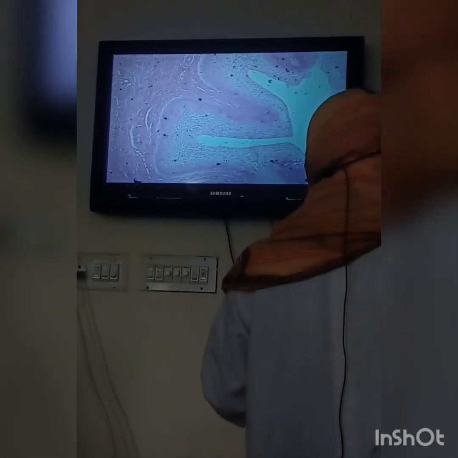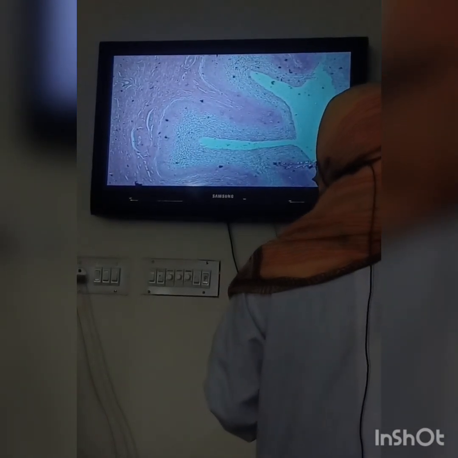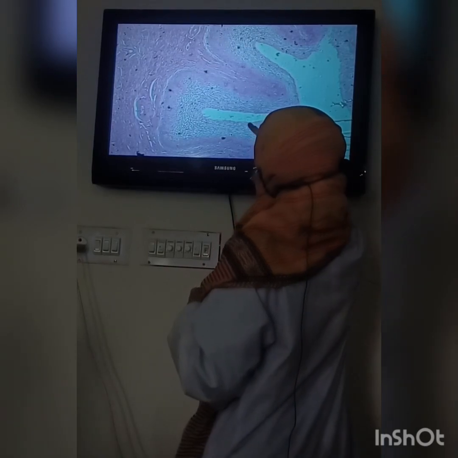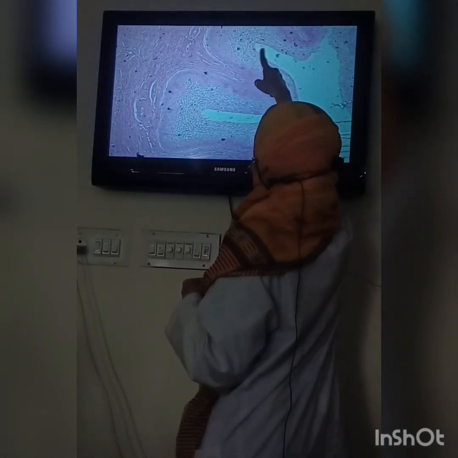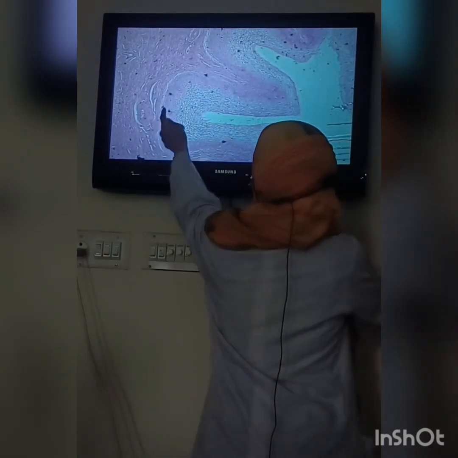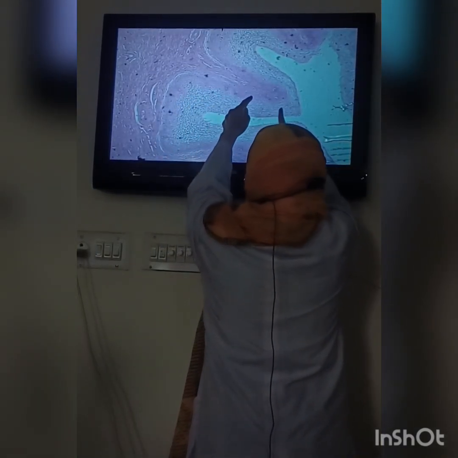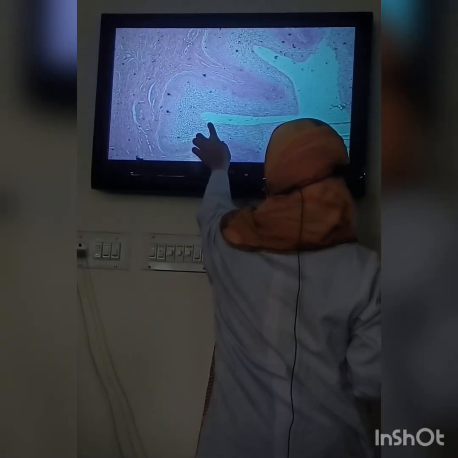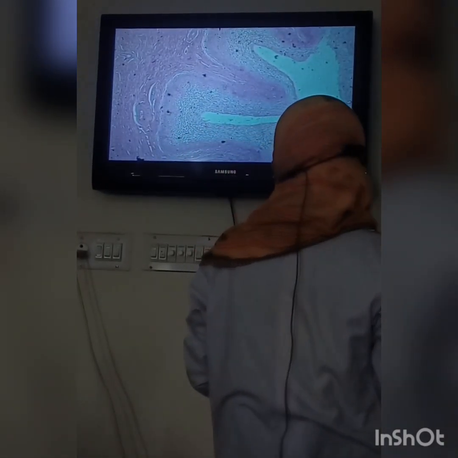Okay, this I think again you must have seen in the first year, to learn the stratified squamous non-keratinized. The mucosa of this vaginal wall is being thrown into various rugosities or foldings, right? And this much is the width of this epithelium, 100 to 200 micrometer. And this whole is the stratified squamous non-keratinized epithelium.